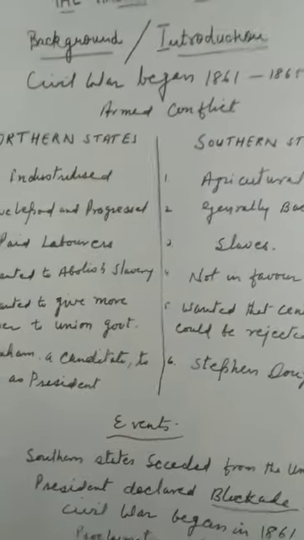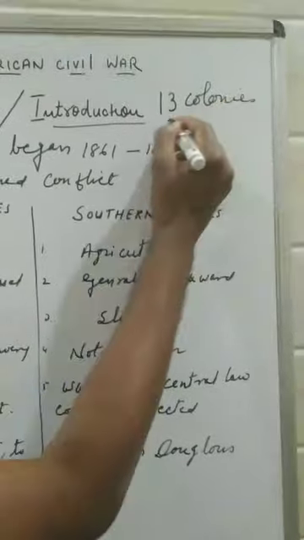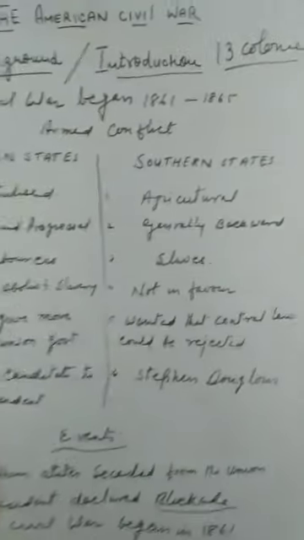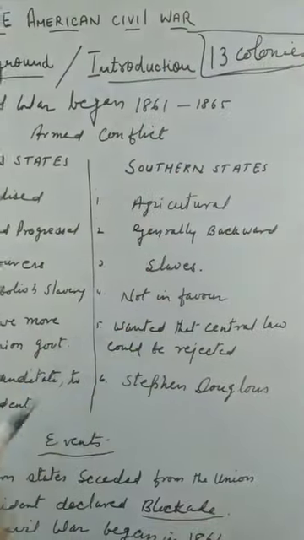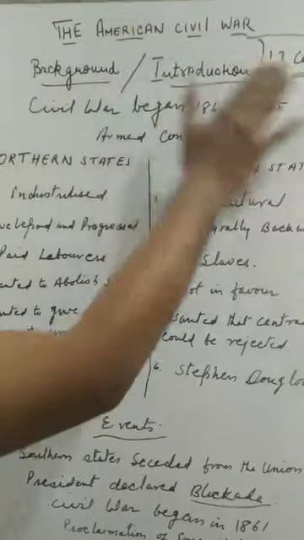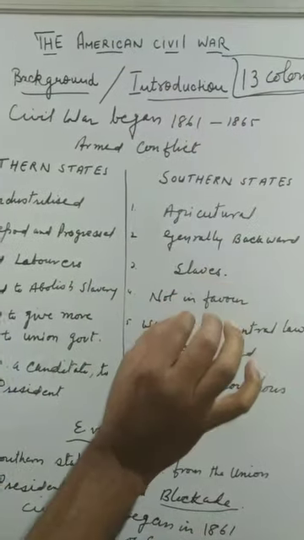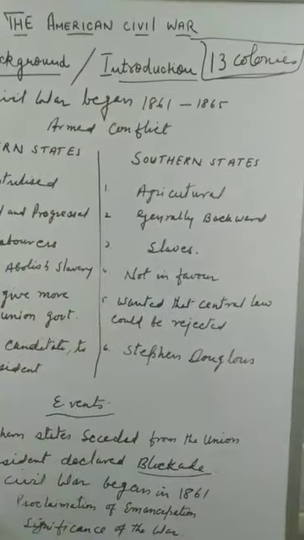That means all 13 colonies came together to form the union, making the American colonies one, called USA, United States of America.